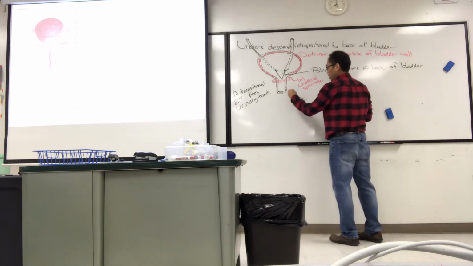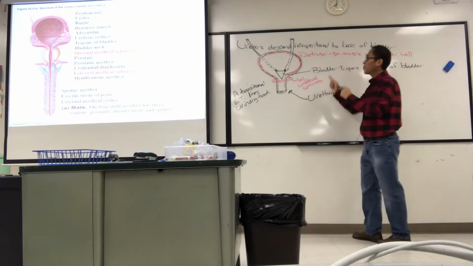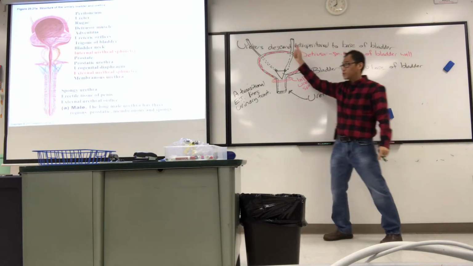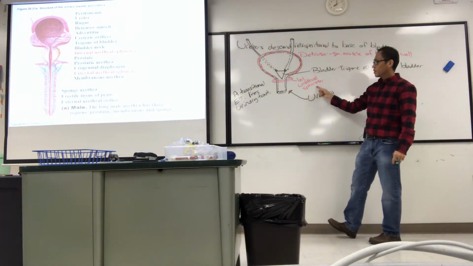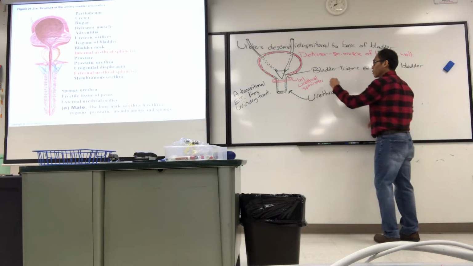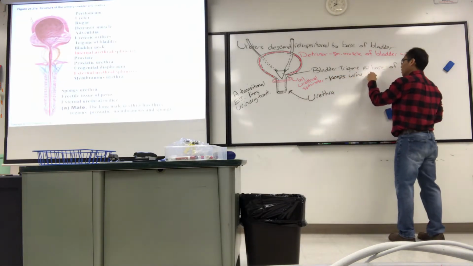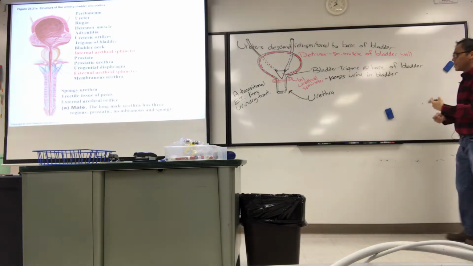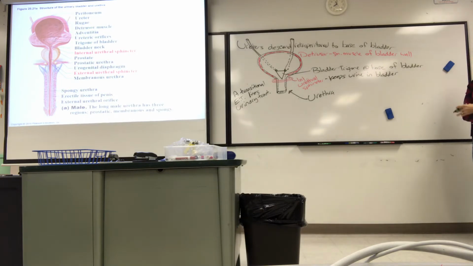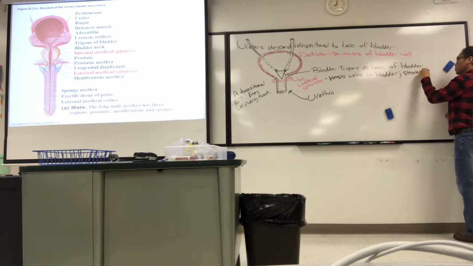So this tube right here is urethra, not to be confused with ureter. Right? You got ureter and you got urethra. Okay. So the sphincter is the urethral sphincter. Keeps urine in bladder. That's an easy layman's term to put it. I mean, we call these the storage reflexes, so you don't wet your pants. Storage.